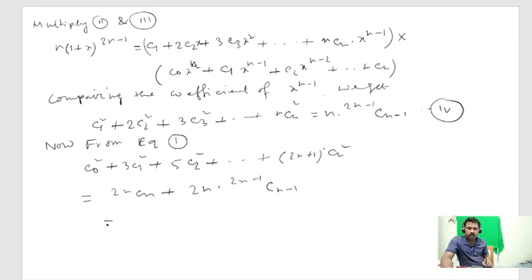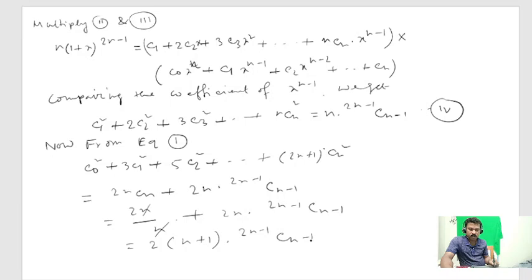Now here we get 2n Cn plus 2n into 2n minus 1 C n minus 1. Cancel out this 2, that is 2 into n plus 1 into 2n minus 1 C n minus 1. We write this portion.